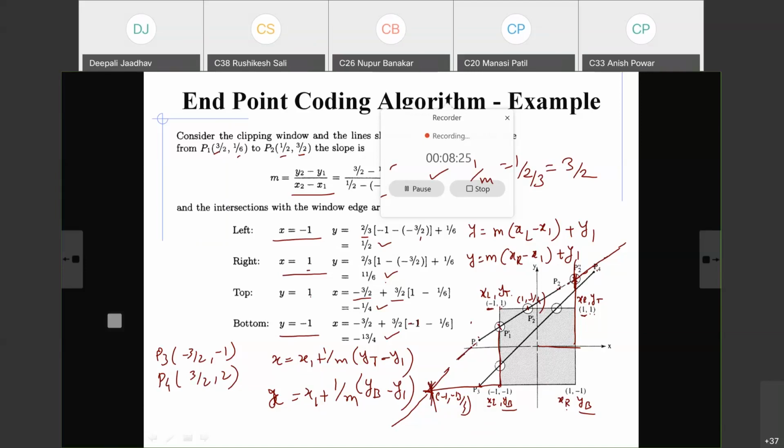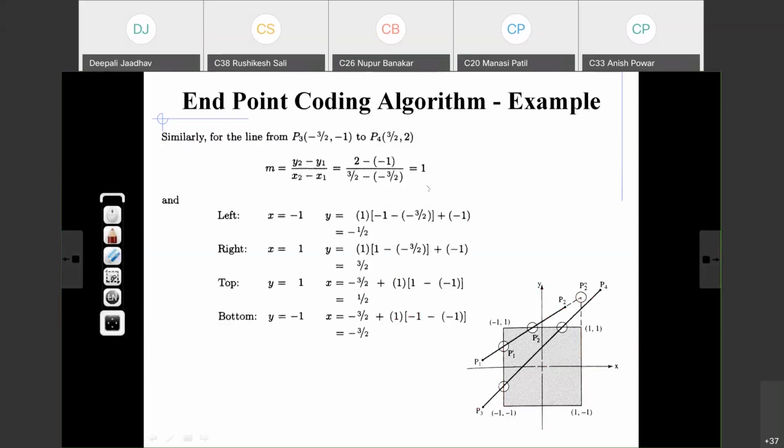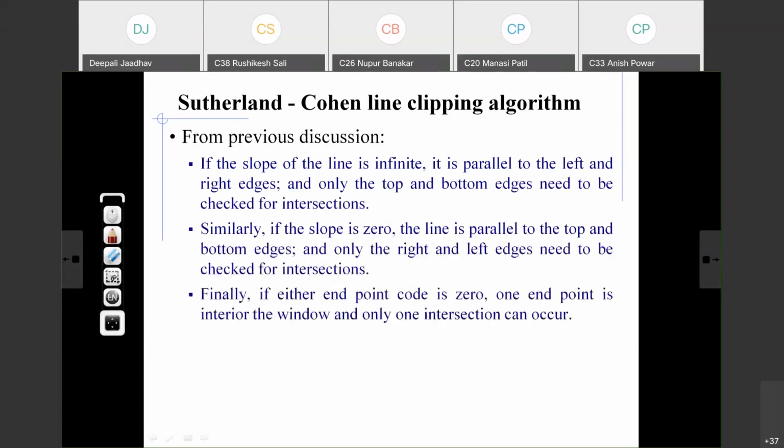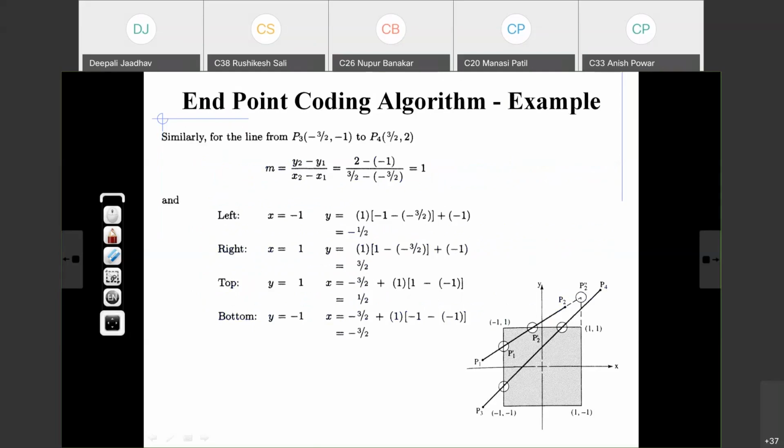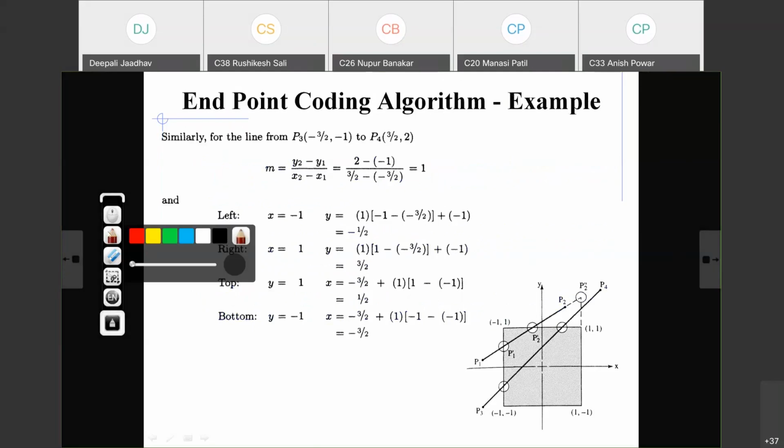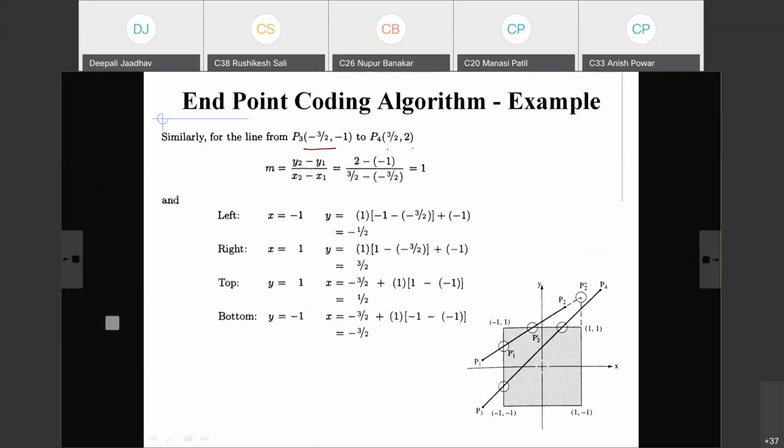If we extend the line. So for the line P3, P4, P3 is minus 3 by 2, minus 1.